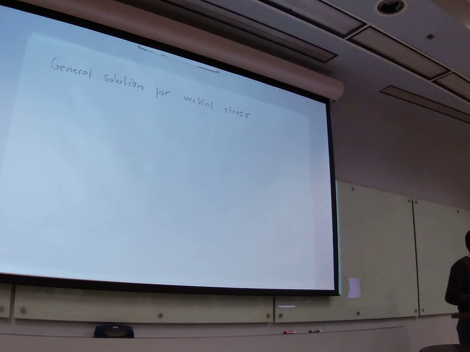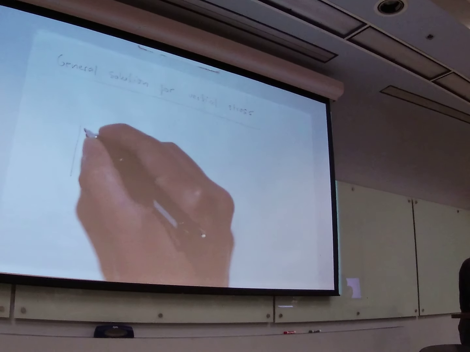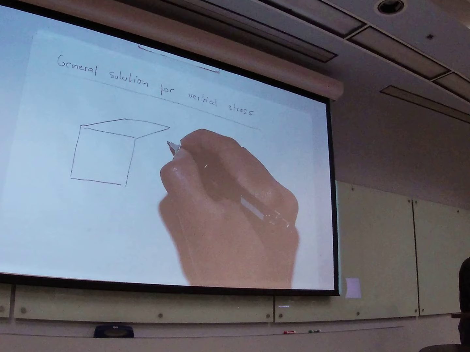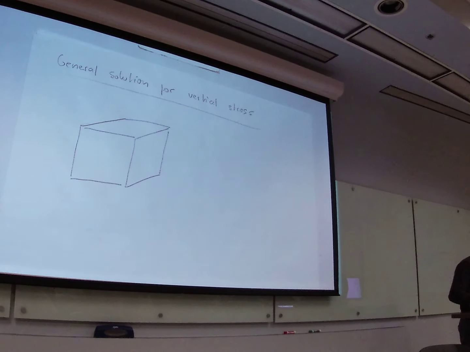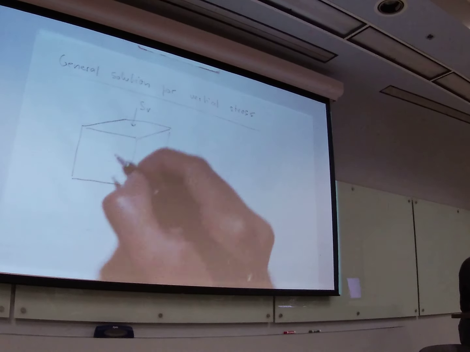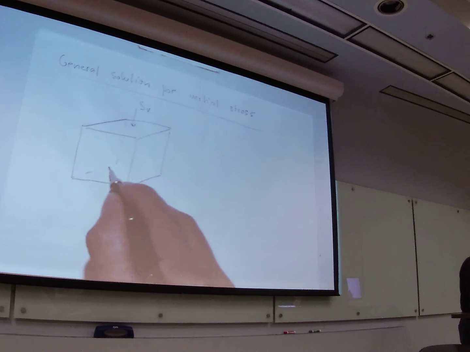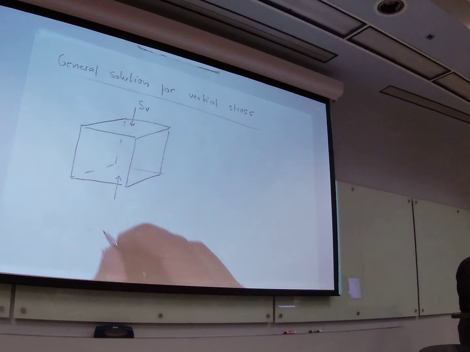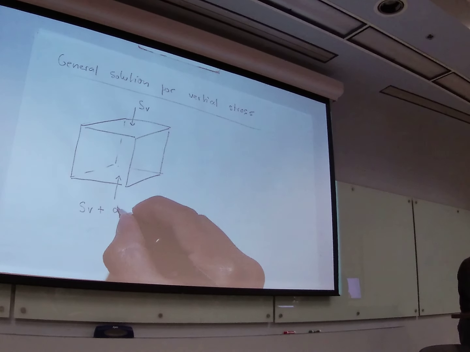And it's very simple, and everything we have to do is to assume a cube of rock, in which we have on top of it a vertical stress, and on the bottom there is also stress applied on that face, but there is a small difference.